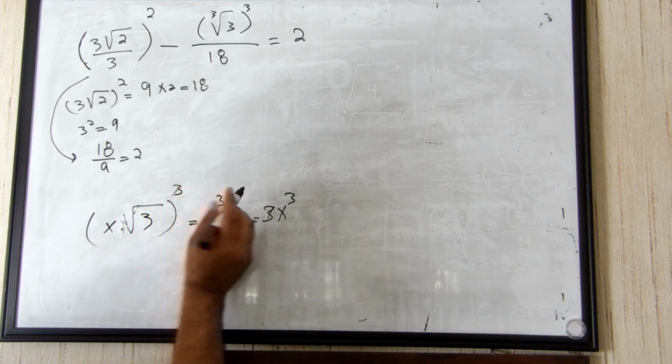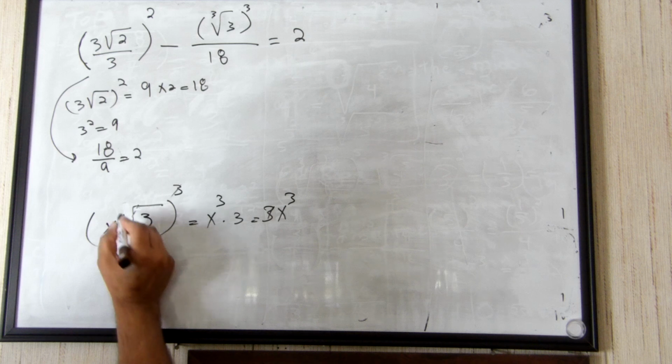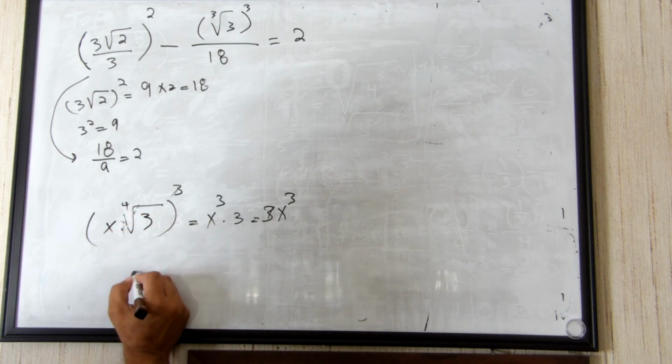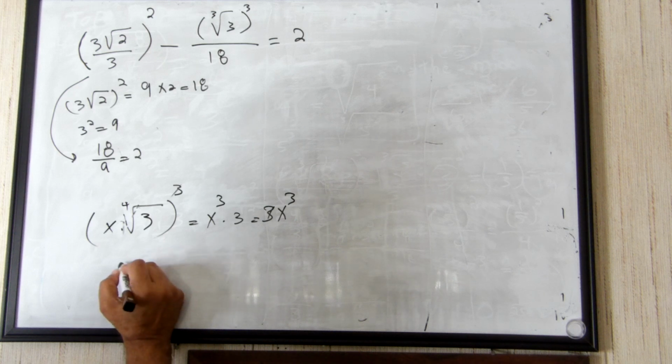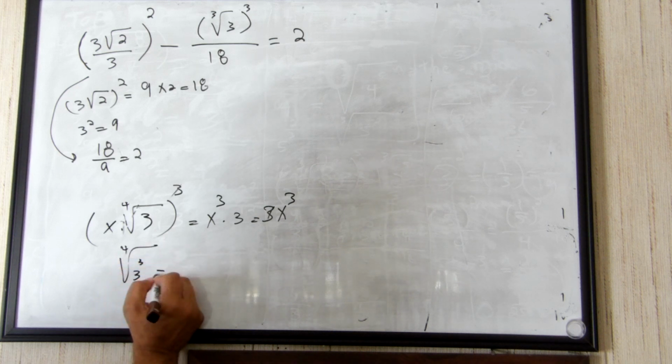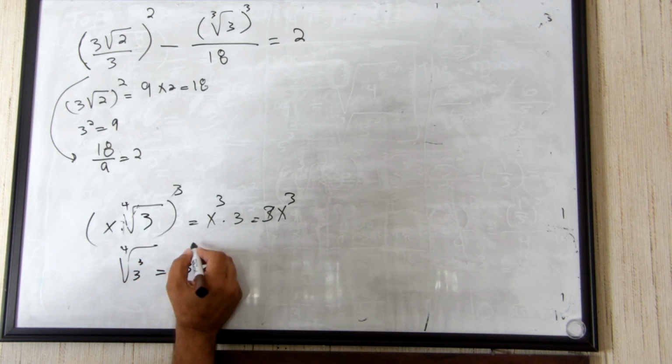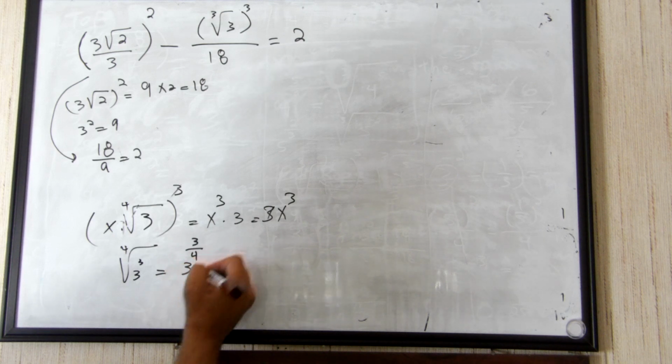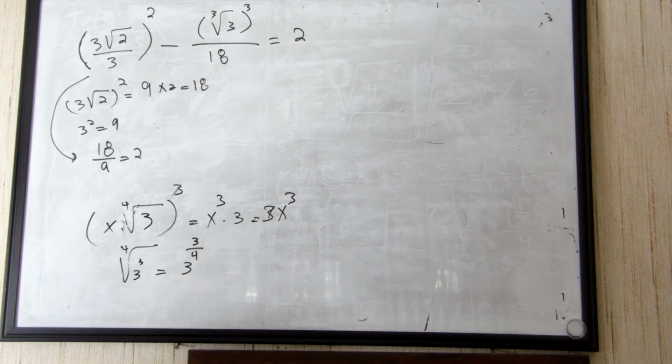This is going to be like 4. Here we have 4, the 3 is going to be 3 here. And then you write it 3 to the power of 4. It's 3 divided by 4. 3 to the power of 3, we simplify like this.